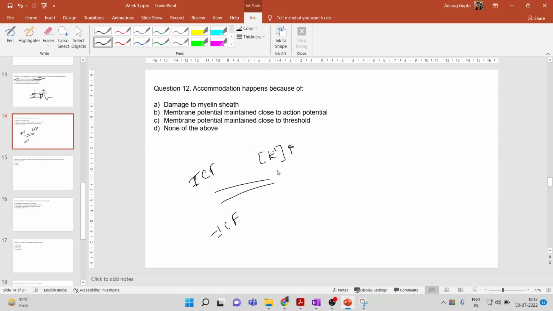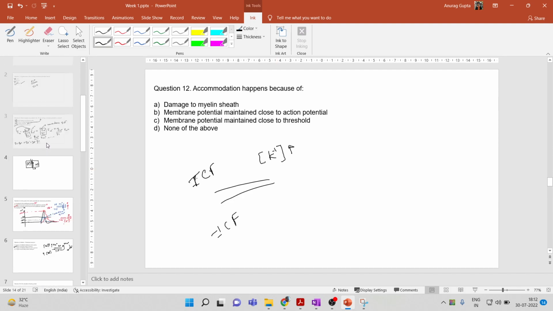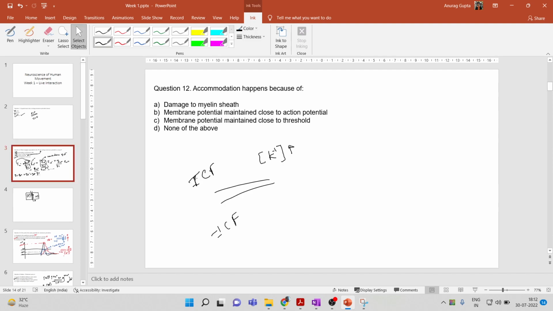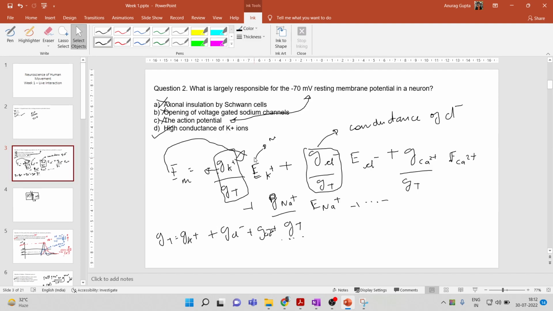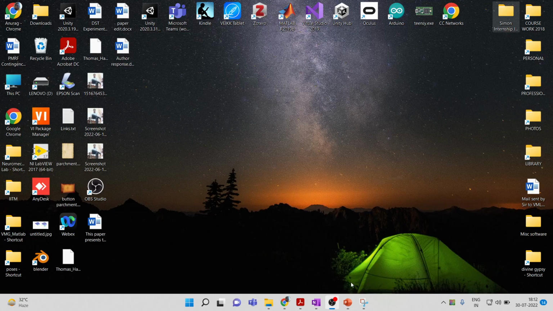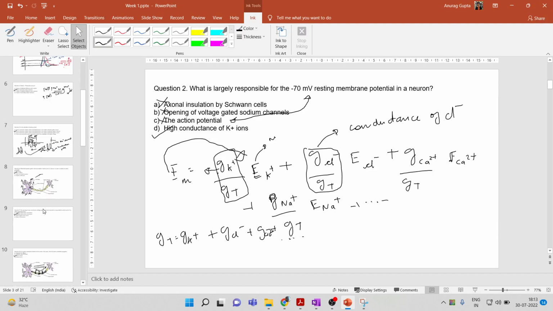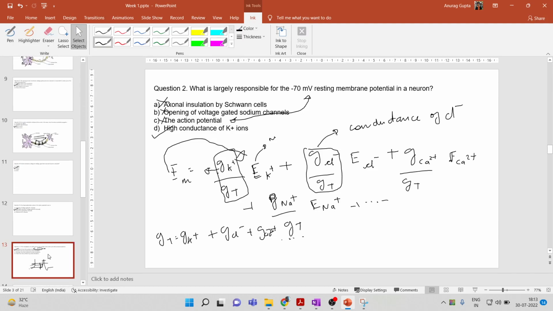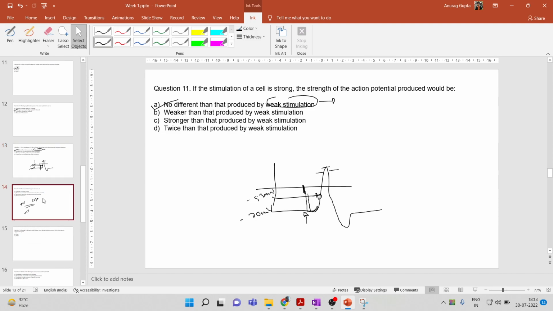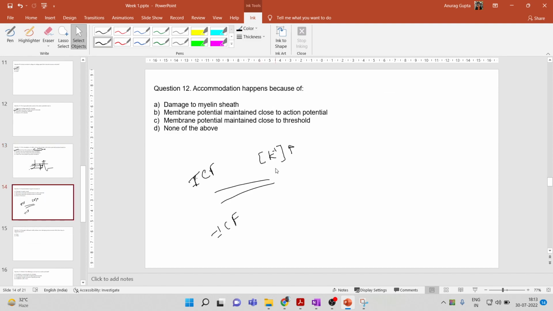Now, when the equilibrium potential changes, this affects the chord conductance equation that we saw at the beginning. You can see here that if this changes, then even EM will change. So what happens is the resting membrane potential goes closer to the threshold.